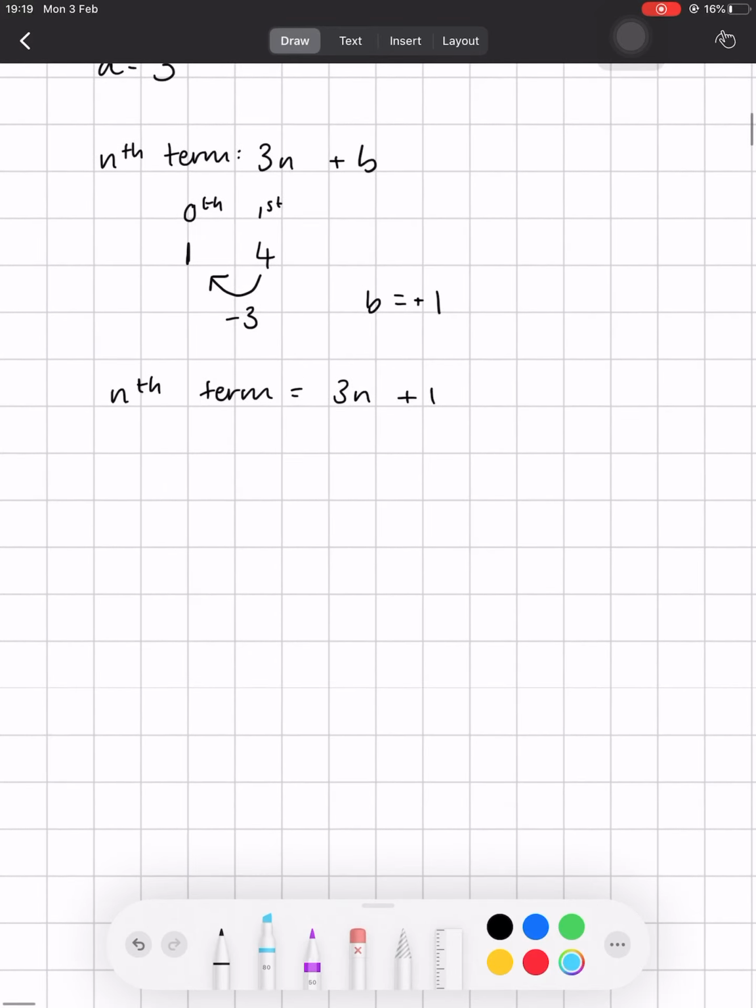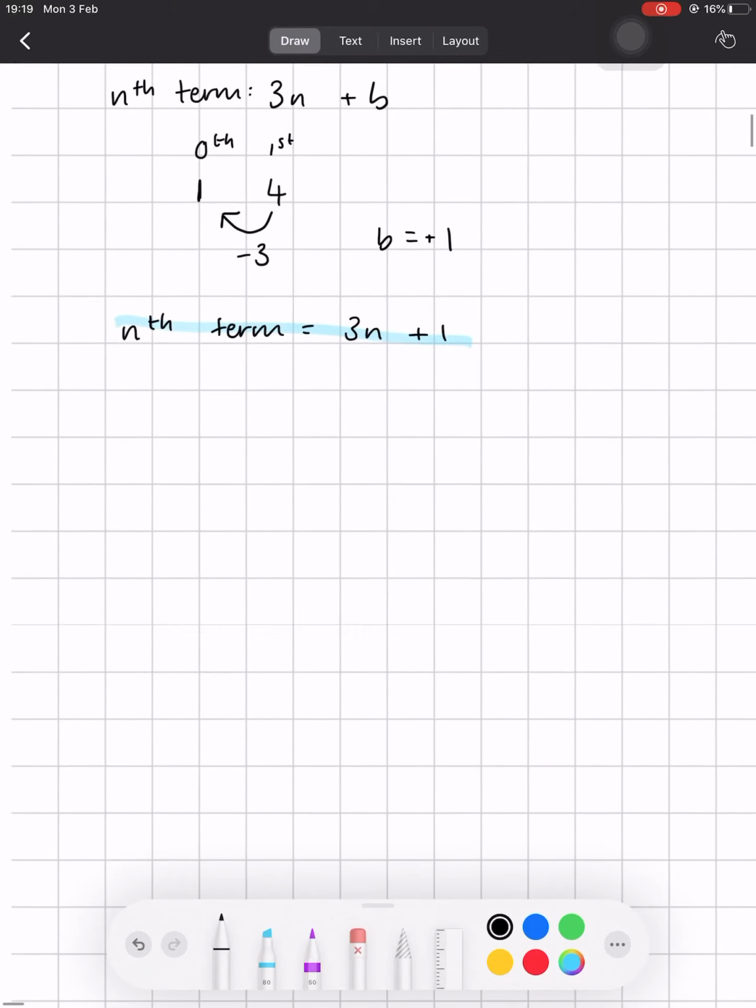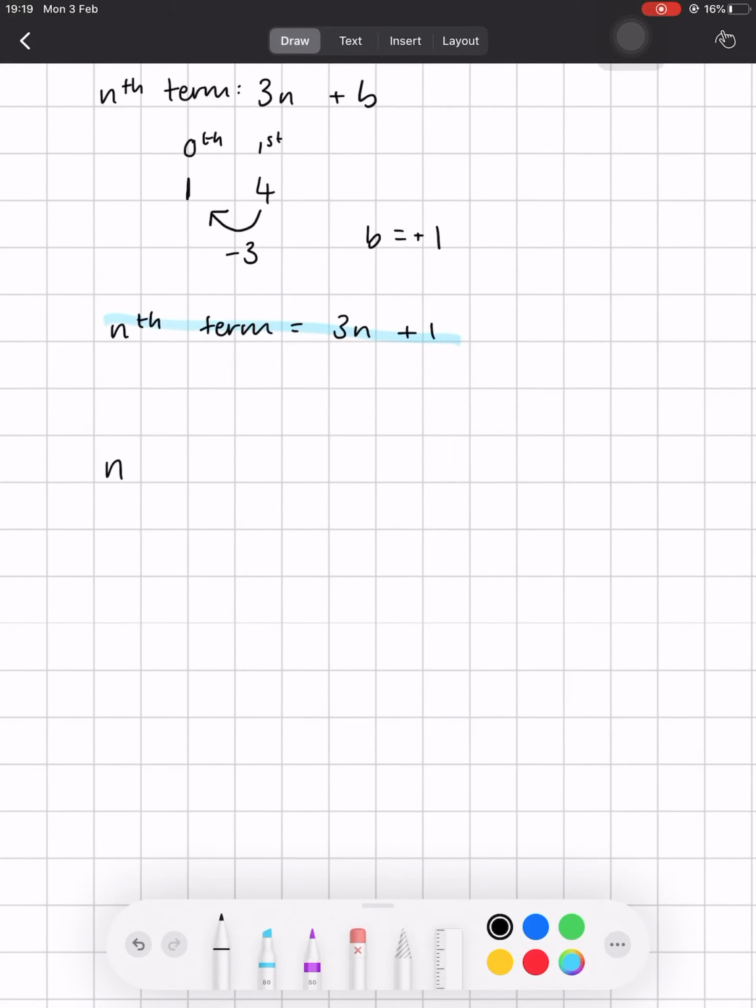Another way you can work it out is by doing the table method. So we put n, then we put 3n because the difference between each term is 3, and then we do 3n plus b, which will be the original sequence that we have.